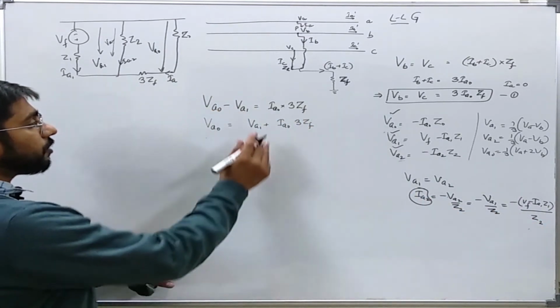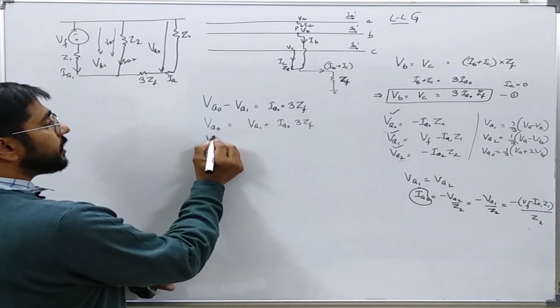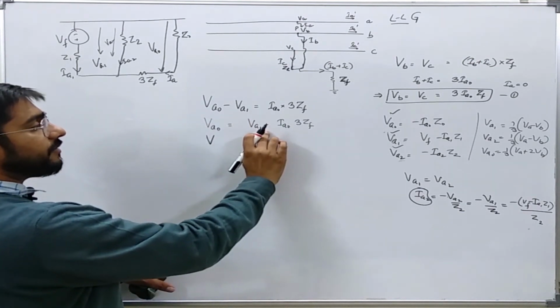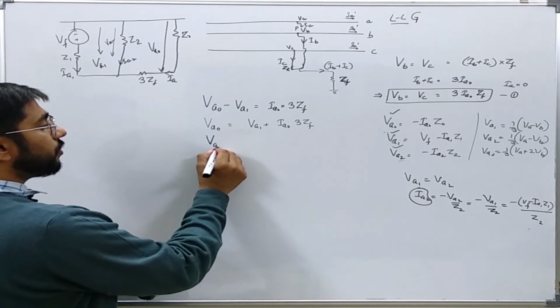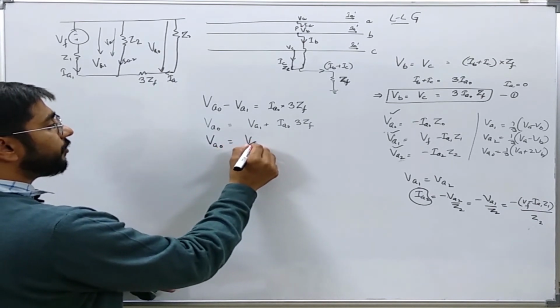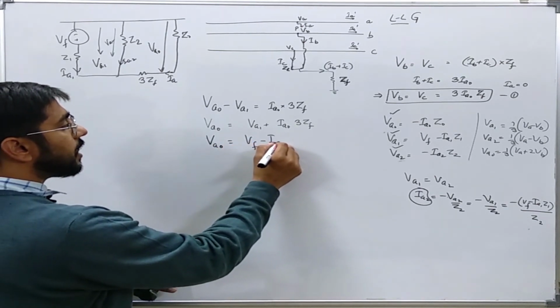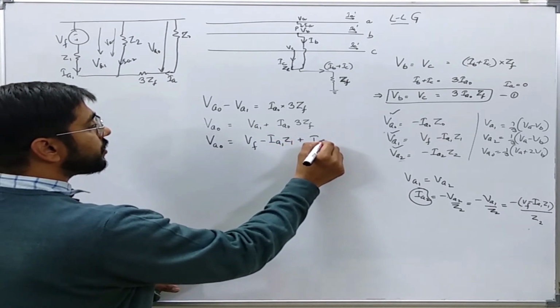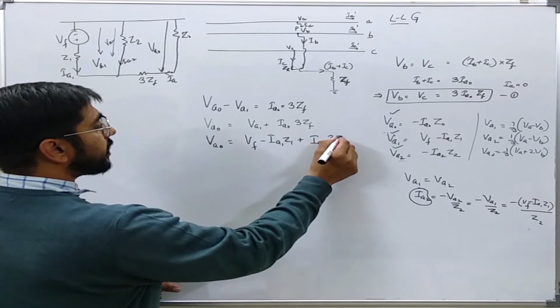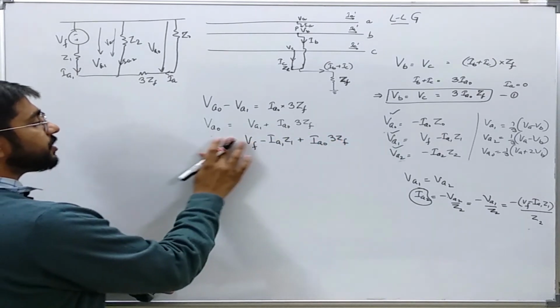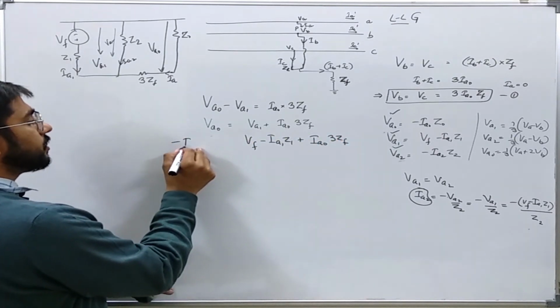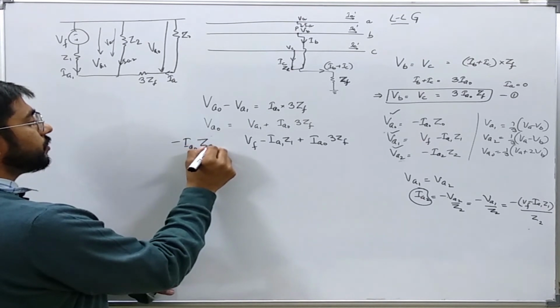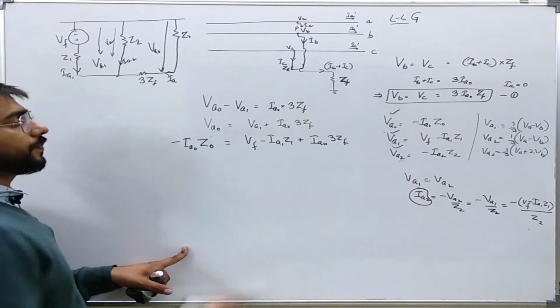Now from this we can see that VA0 is equal to VA1 plus IA0 3ZF, or VA0 is equal to VF minus IA1 Z1 plus IA0 3ZF, and VA0 is nothing but minus IA0 Z0.